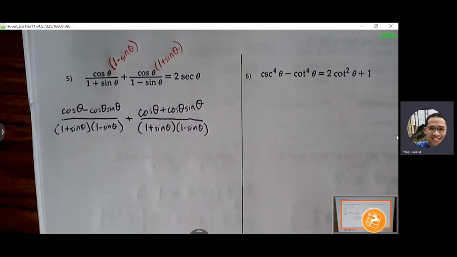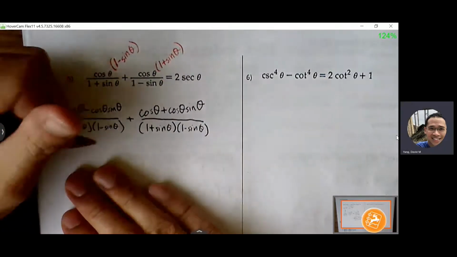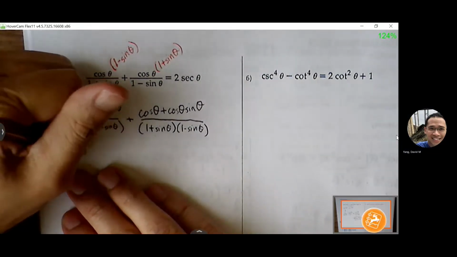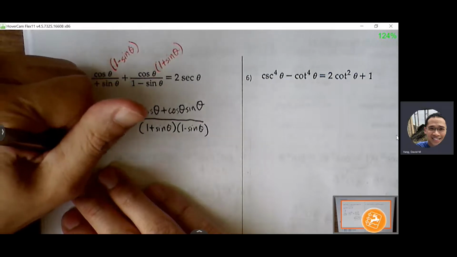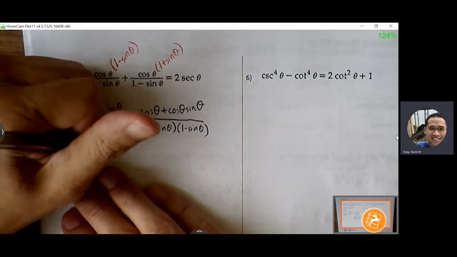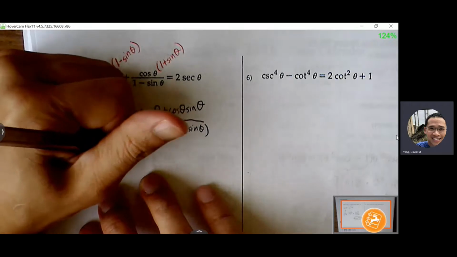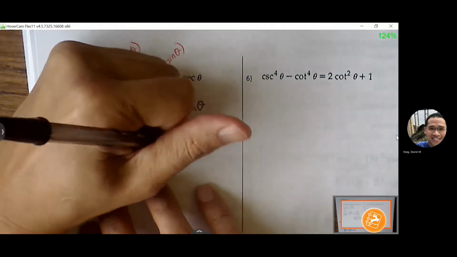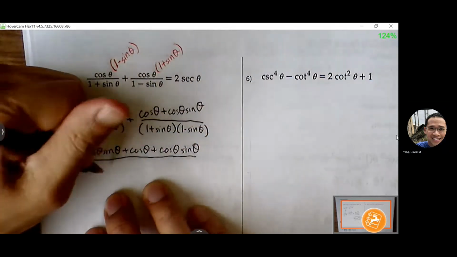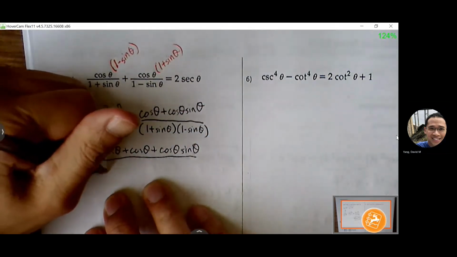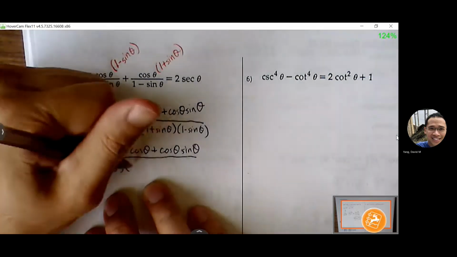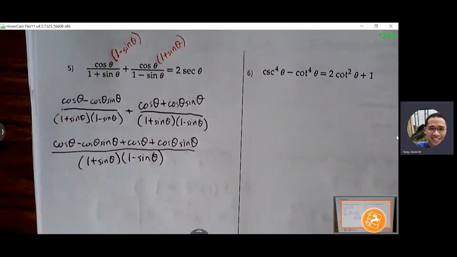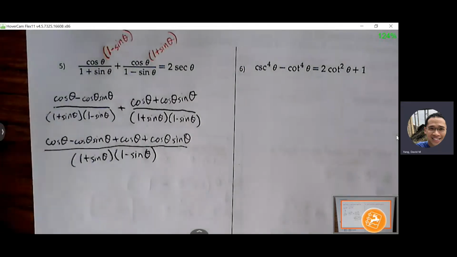Push all that together. Combine like terms.